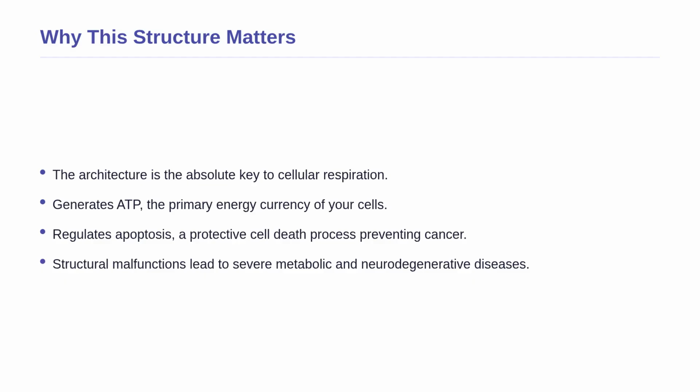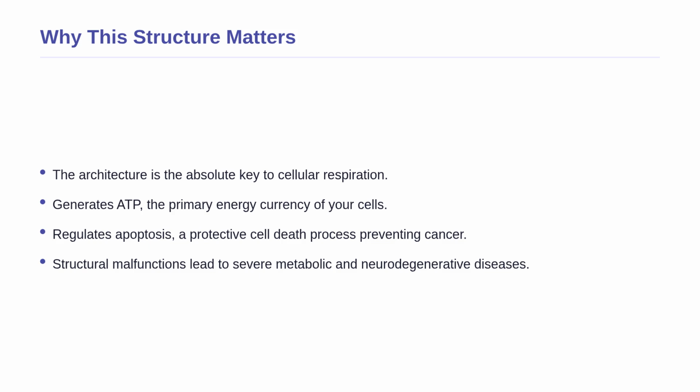You might wonder why this specific, complex structure matters so much to your daily life and overall health. This unique double membrane architecture is the absolute key to cellular respiration. This is the vital process that generates adenosine triphosphate, or ATP, which is the primary energy currency of your cells.